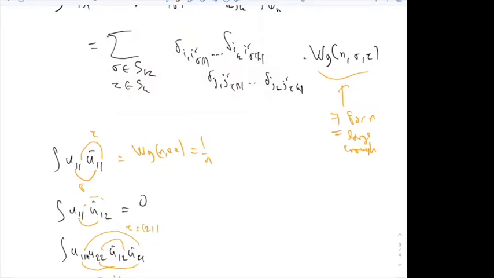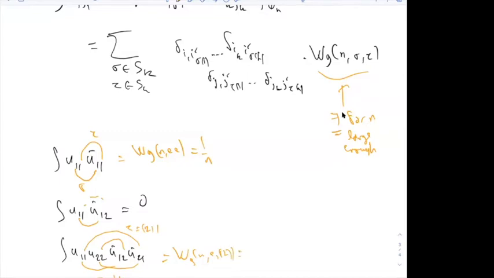If I want to match the row indices, then I have to match the first one with the second one, and the second one with the first one. And then I have only one thing, and this is, in my notation, but it's a cloud notation which I will improve very soon, WGN of E and 1, 2.